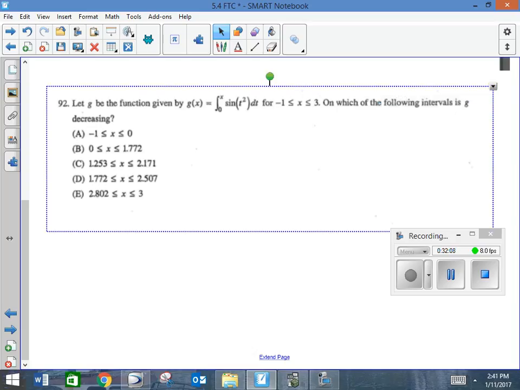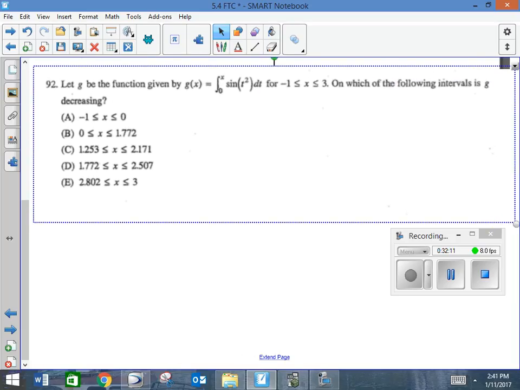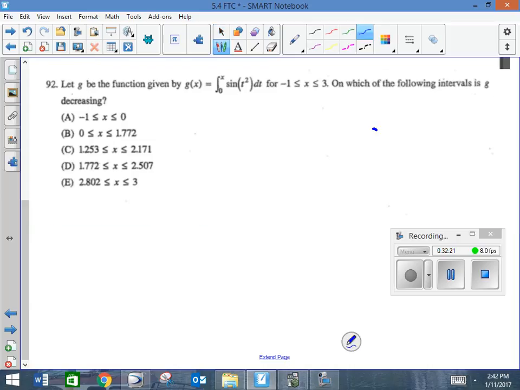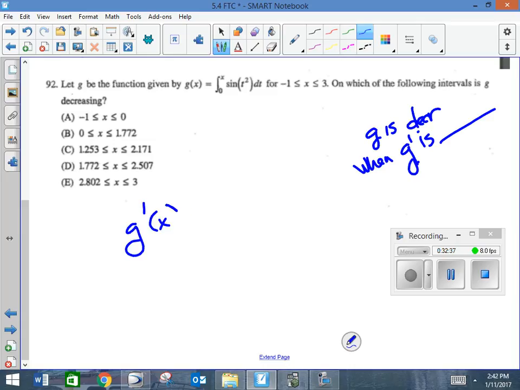This is calculator, yes. Don't forget you have a calculator. You can totally.